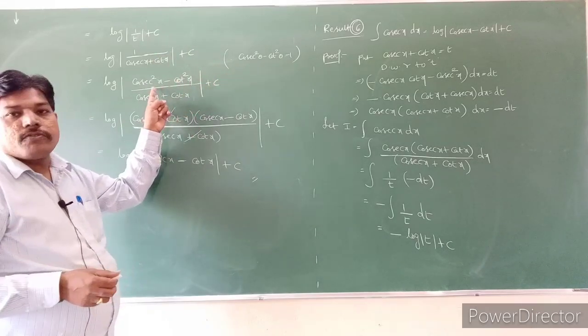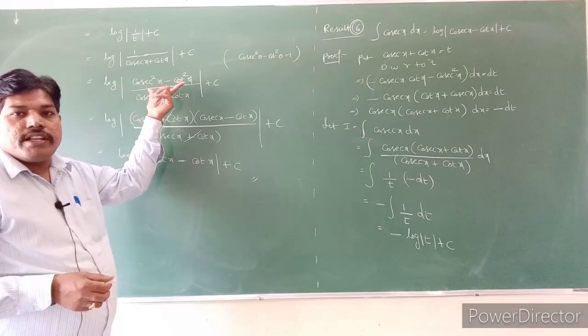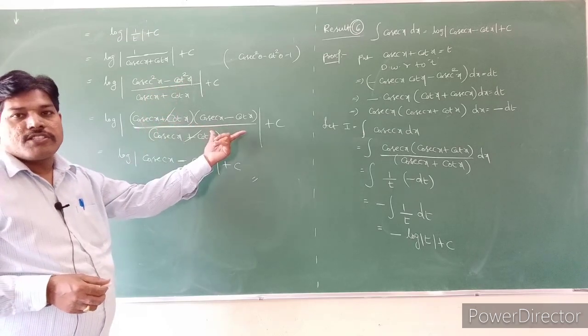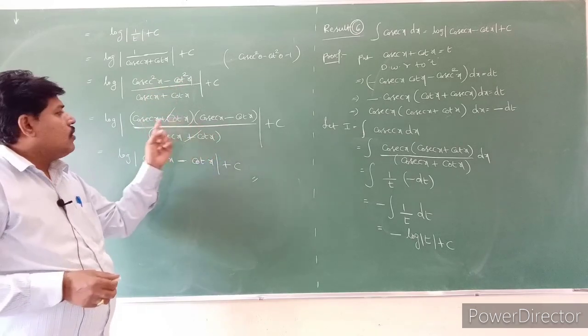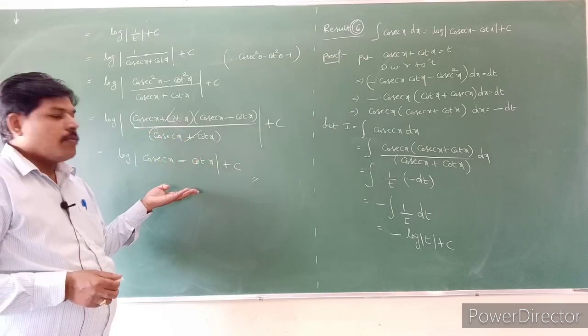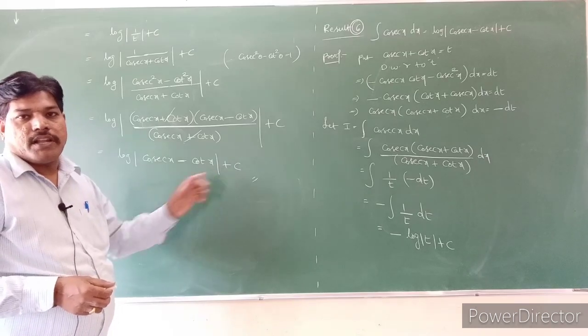So I wrote cosecant square x minus cot square x, a square minus b square, which you can write as a plus b into a minus b. Cosecant x plus cot x will be cancelled. It will become log of mod cosecant x minus cot x plus c.